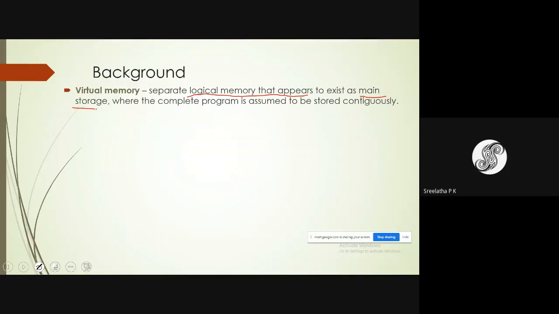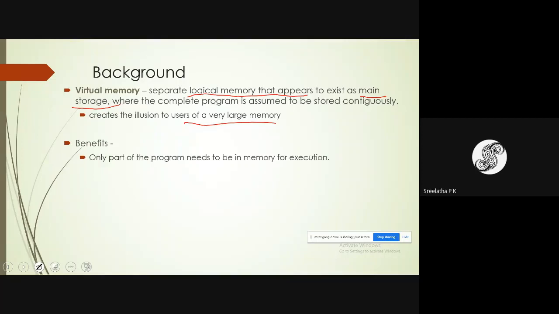As data exists in secondary memory, the complete program is assumed to be present in virtual memory. This creates an illusion of a very large memory which is actually not there. Benefit: only part of the program needs to be in memory for execution. The whole program need not be there in primary memory.